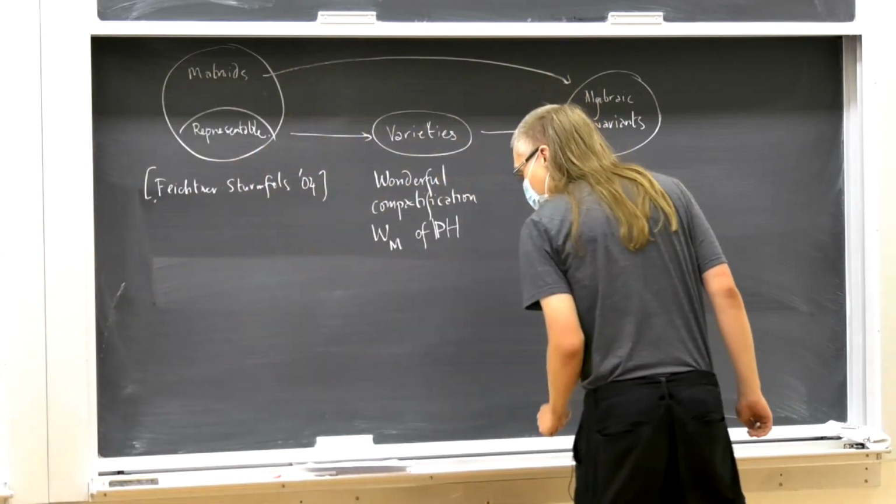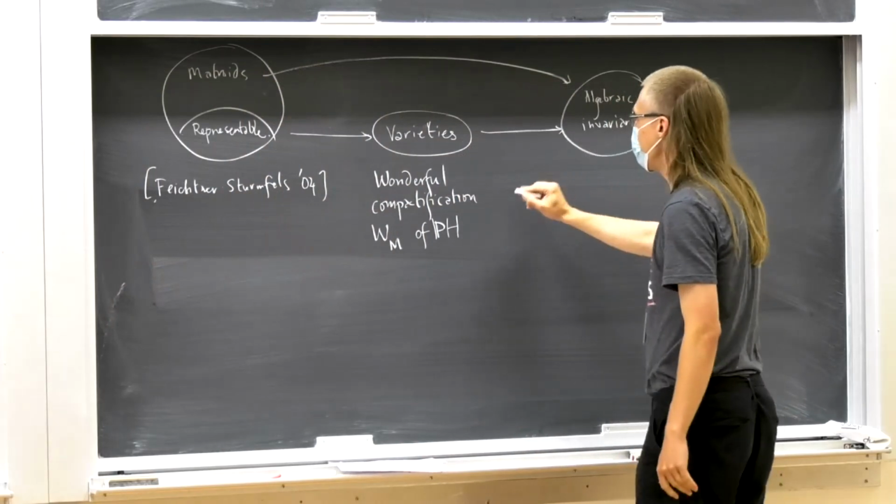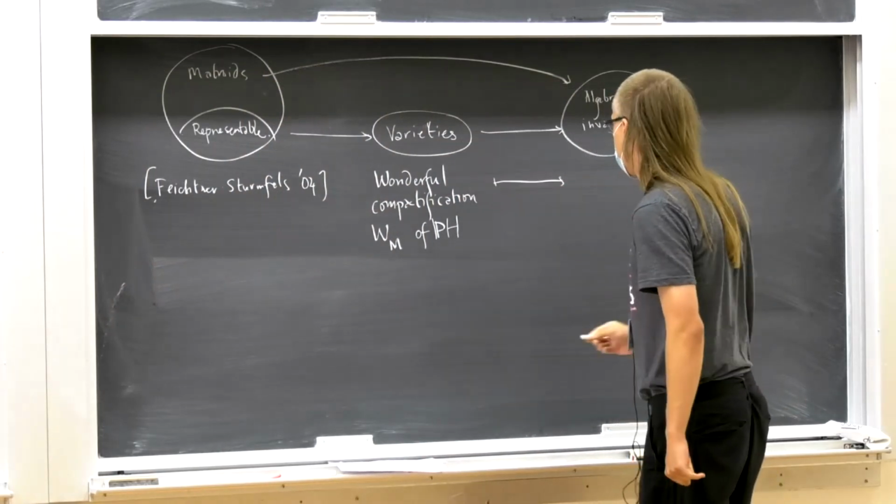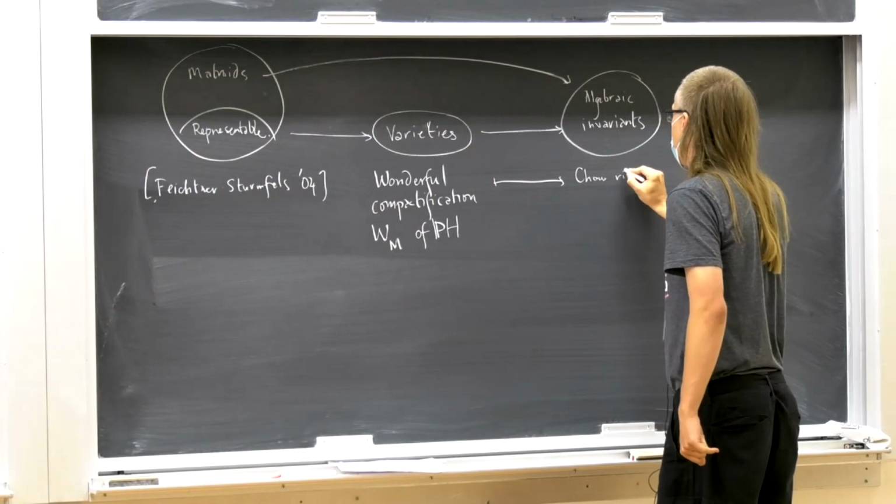And from that, in the case where this exists, you can produce its Chow ring.